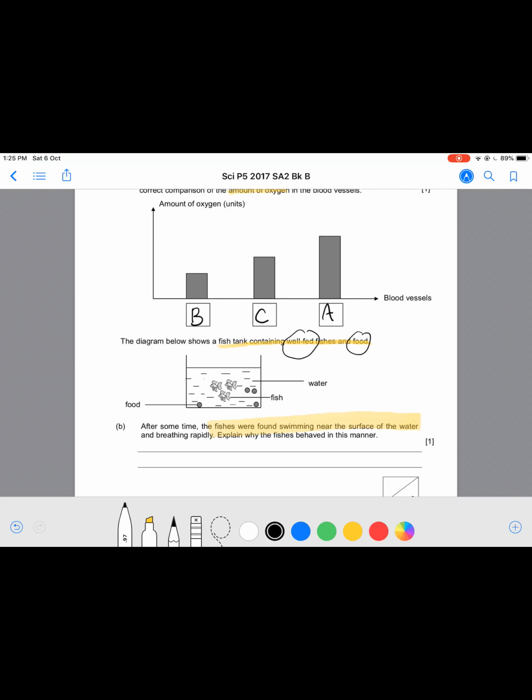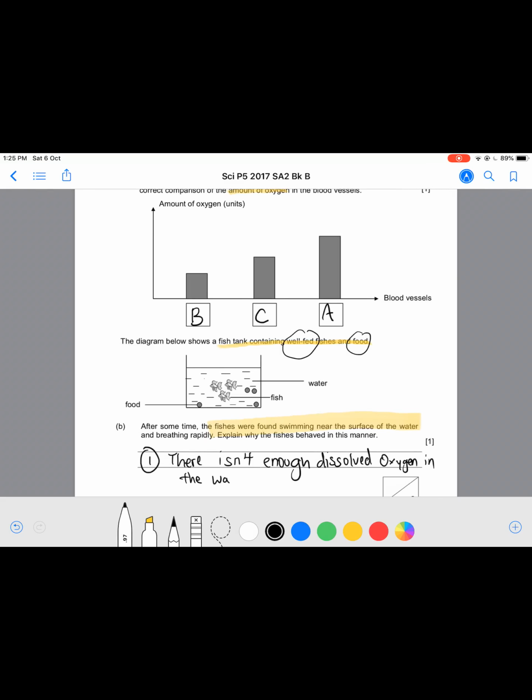So a few possible answers I will accept. Now the first possible answer, if you tell me that there isn't enough dissolved oxygen in the water, that is already the keyword.